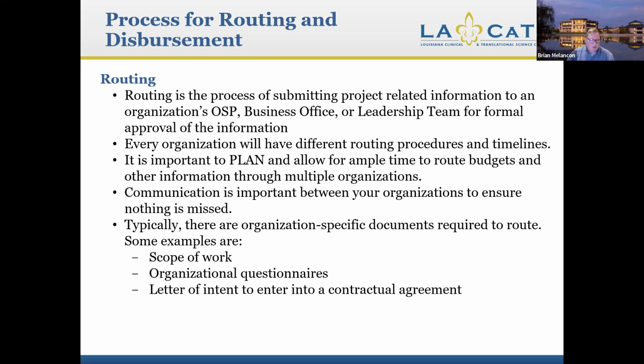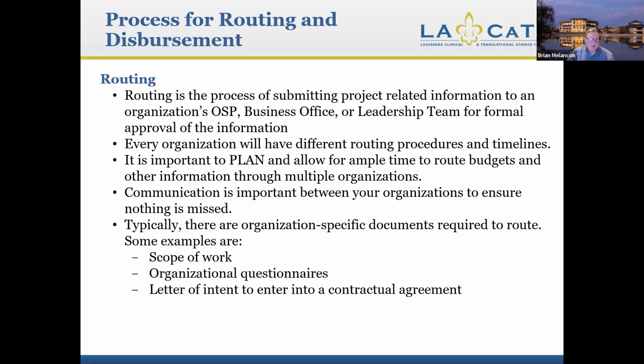Also, when the two organizations are working together, each organization may require different things. We talked about scope of work. Scope of work is a good thing to provide when you're asking for various things, but it may be something that's required in order to complete the routing process. I know Pennington has organizational questionnaires that are required. There are letters of intent to enter into contractual agreements.